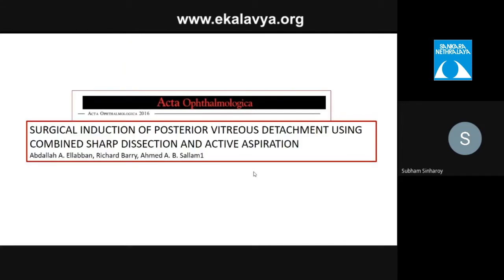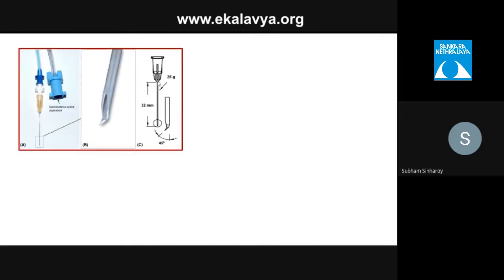So among all these modifications in ophthalmology, they try to use PVD induction with a combined sharp dissection and active aspiration. They tried it with a needle: a 25 gauge needle, around 32 millimeters in length. Just bend the tip at a 45 degree angle to create a sharp pointed edge, and connect that needle to the active aspiration port, so that they can also induce PVD with the help of active suction.